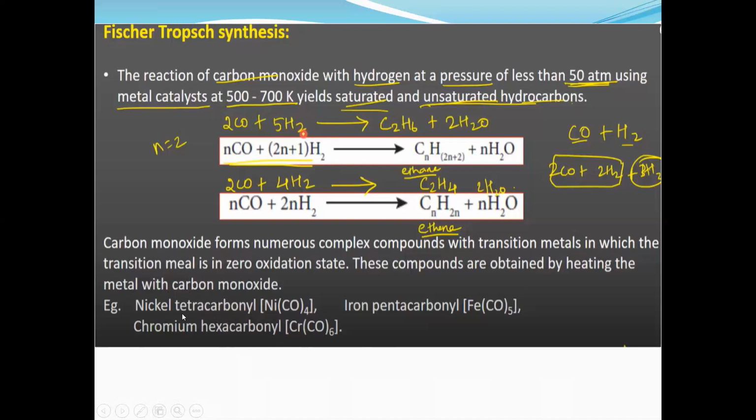For example, heating nickel with carbon monoxide gives nickel tetracarbonyl. Iron and carbon monoxide gives the iron pentacarbonyl. Chromium and carbon monoxide gives the chromium hexacarbonyl.